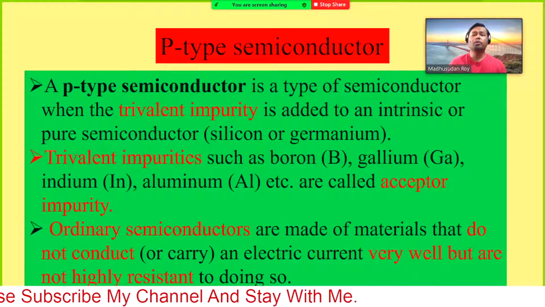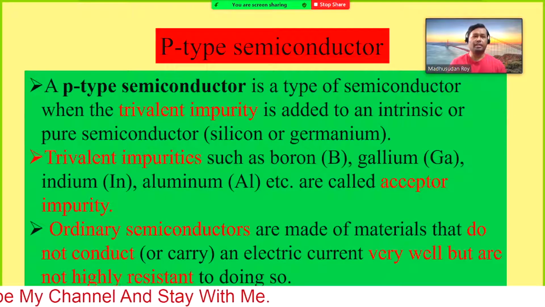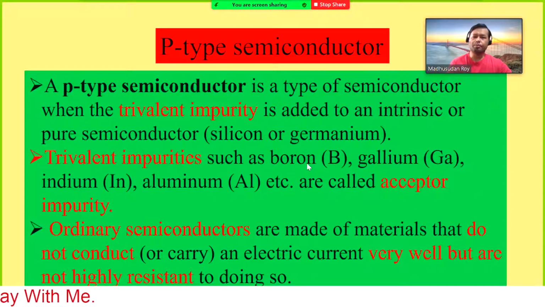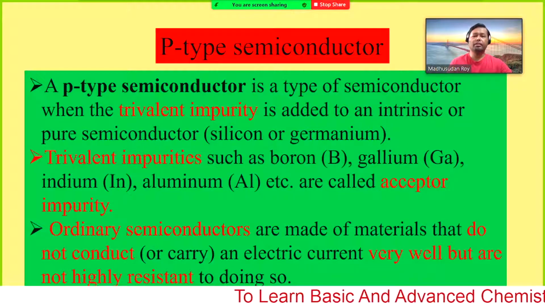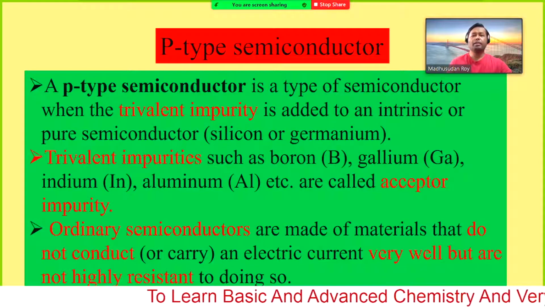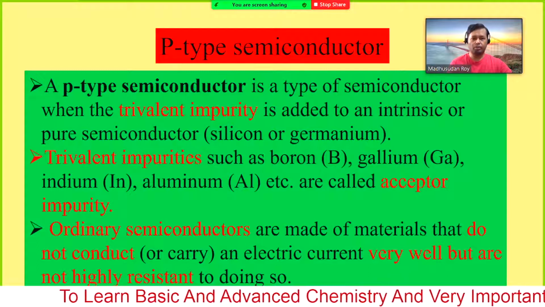So what are the elements we can add? Trivalent elements such as boron, gallium, indium, aluminum, etc. can be added in the pure semiconductor, and these types of elements have 3 electrons in the outermost shell.